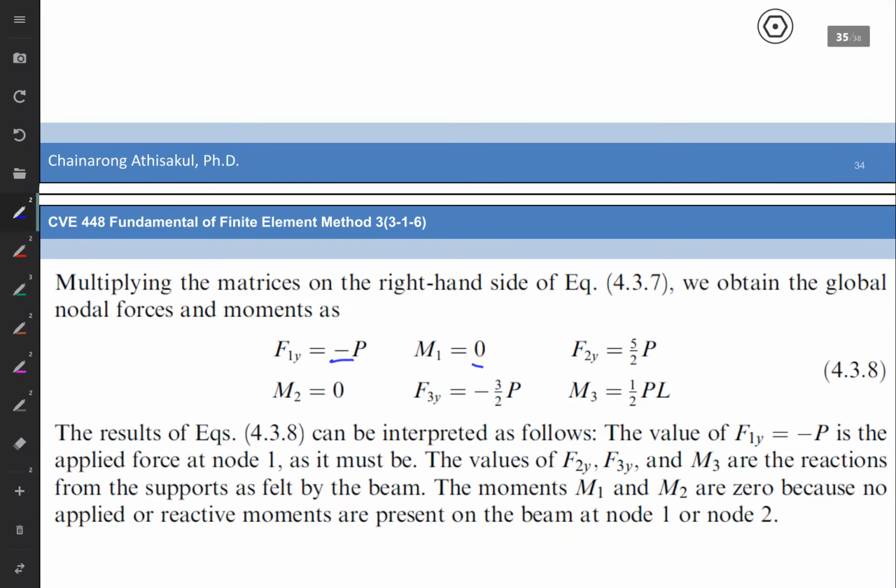For node number two, we find that the force is equal to 5/2 P, and it's positive. Positive means that the force F2y is upward. And M2 is equal to 0 because we have no applied load on that node.